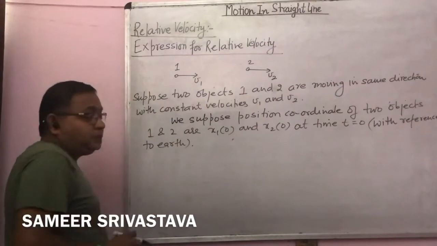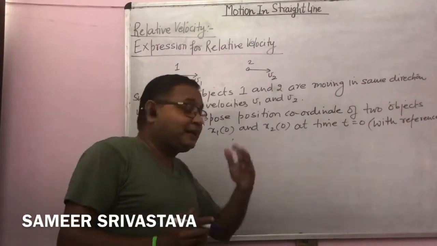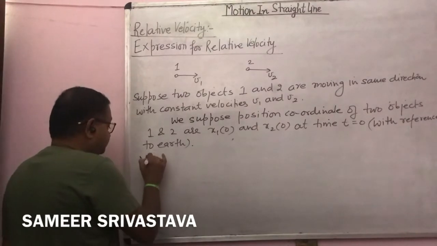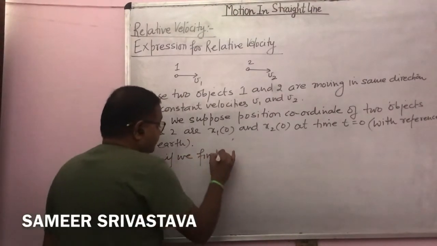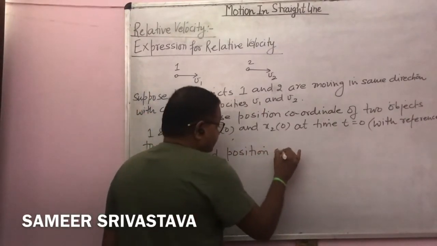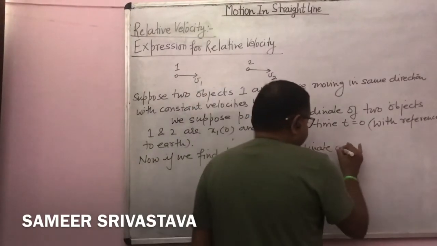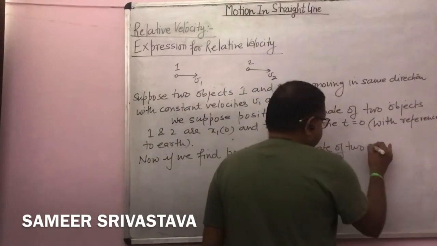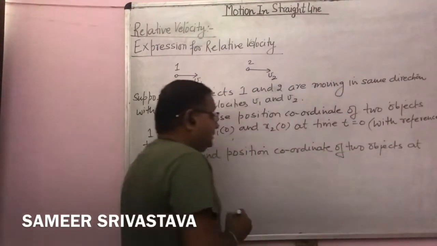Now we find the position coordinates of the two objects at time t.